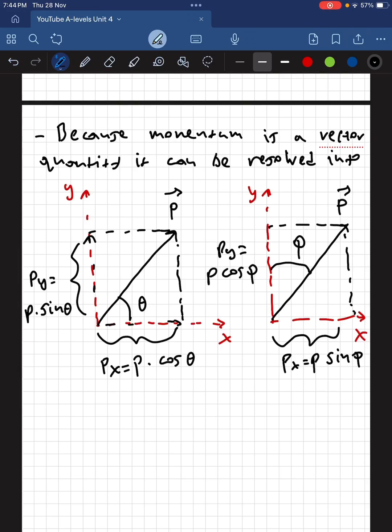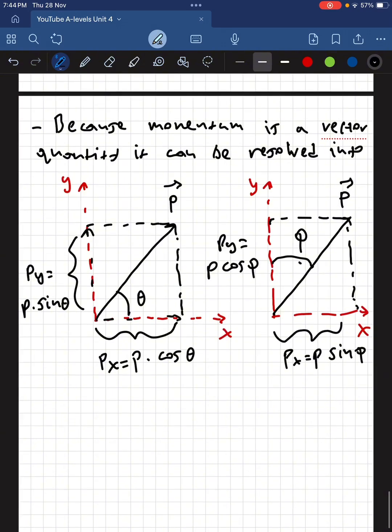A rule I use to remember which is the cosine and which is the sine is that if my component touches the phi angle, then that's the cosine phi component. And again here, the x component touches the theta angle, so that's my cosine theta.